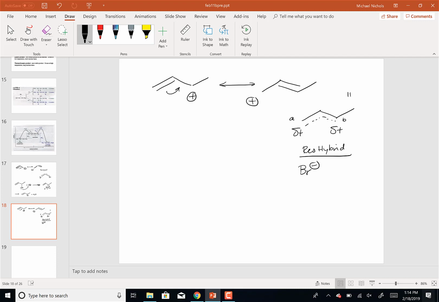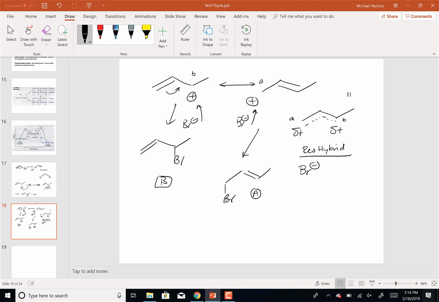Okay, so let's write the two products then. When the Br minus comes in and adds to carbon B, we get product B, and if the Br minus comes in and adds to that carbon, we get product A. Now you might say, well, wait, you just reacted the resonance structures as if they were the intermediates.